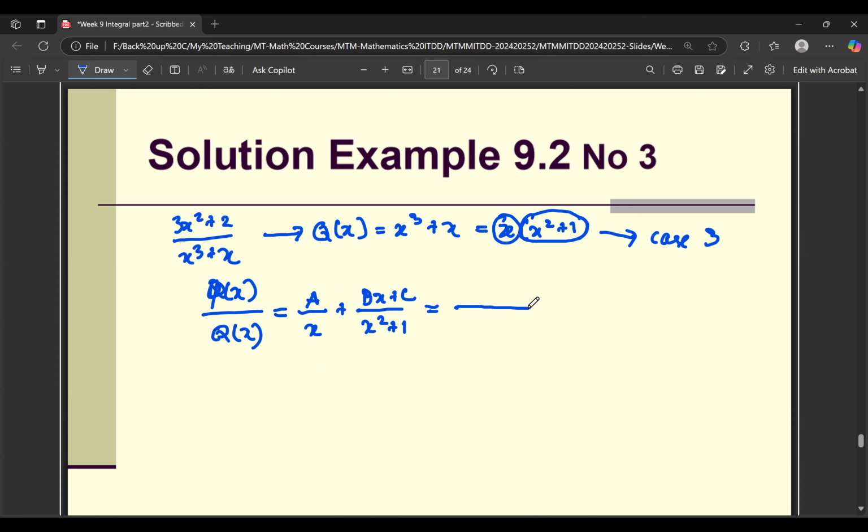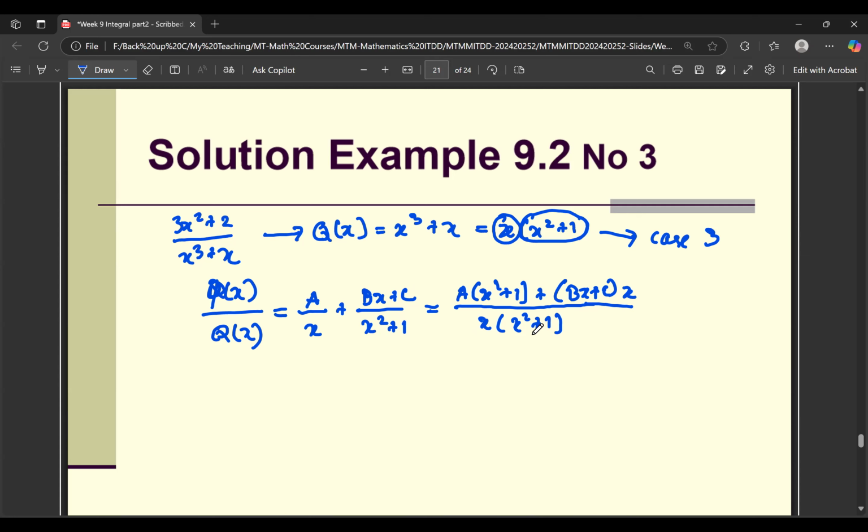In this case, as we did in the previous example, we do the common denominator again. So A must be multiplied by x squared plus 1, and (Bx plus C) must be multiplied by x, isn't it? Because if we cancel out, we get the previous components.